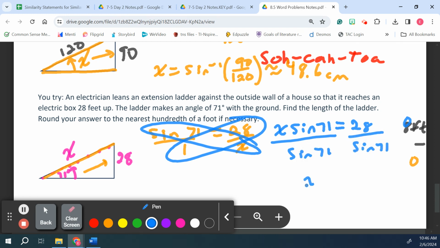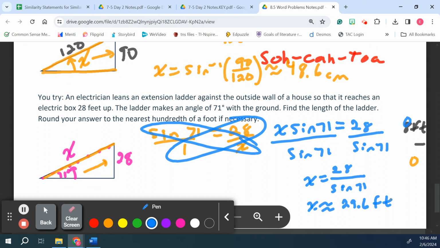And then I get x is equal to 28 divided by the sine of 71 degrees. I would just type this in my calculator as is, 28 divided by sine of 71. And then in the end, we get about 29.6 feet. Brendan, you okay? Yeah. Okay, you just look a little frustrated.